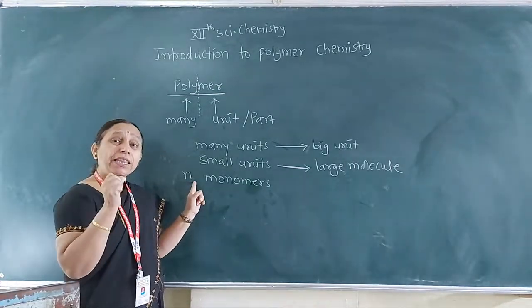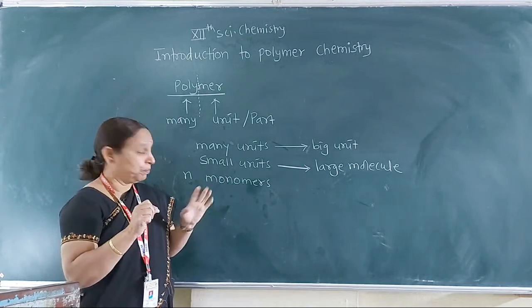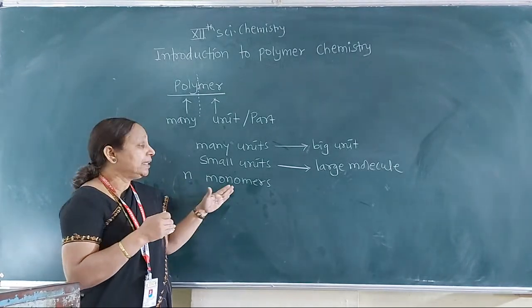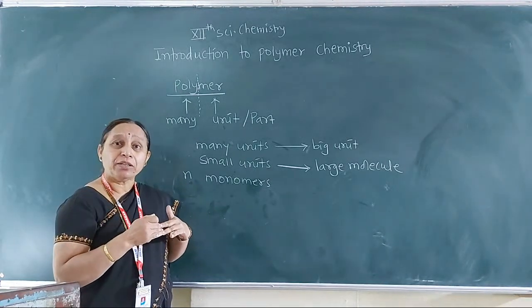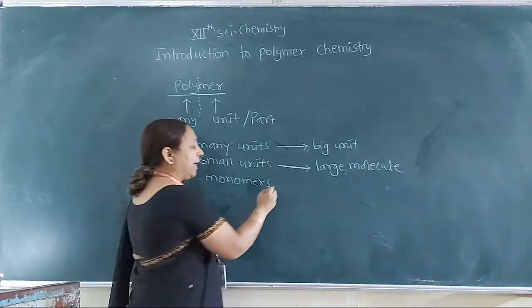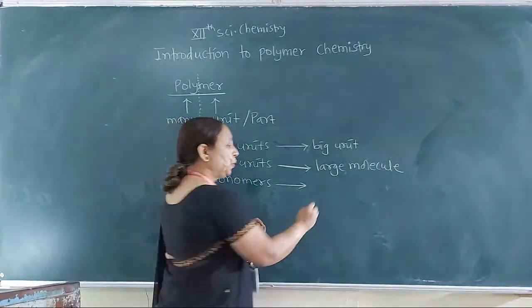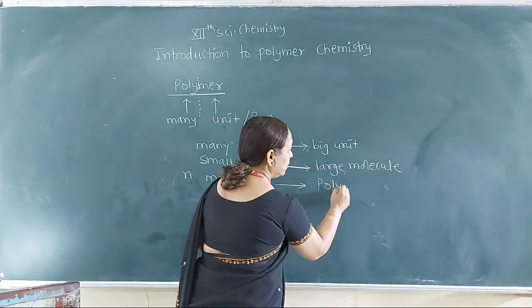These n number of monomers are joined together chemically and they form a large molecule known as polymer.